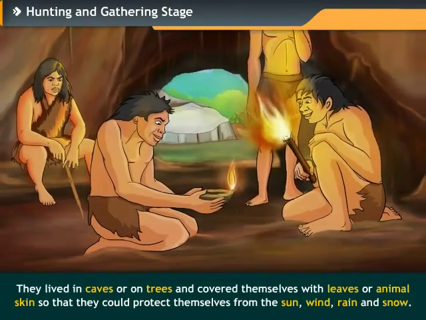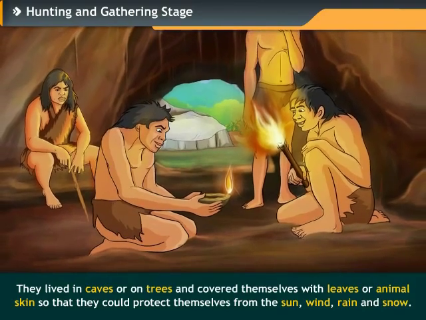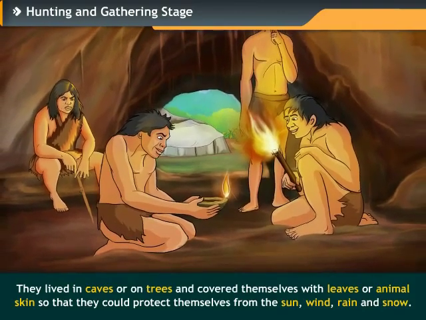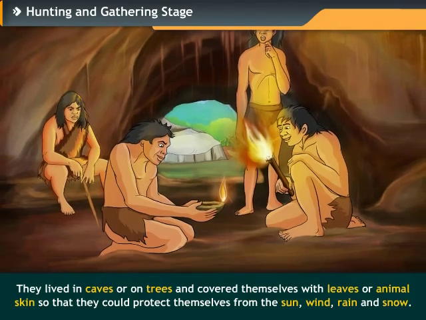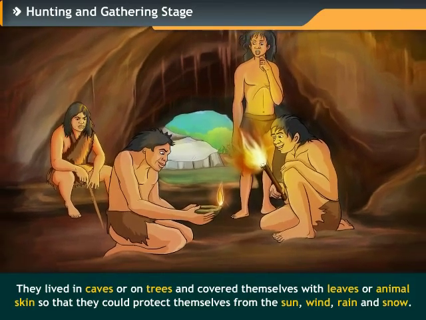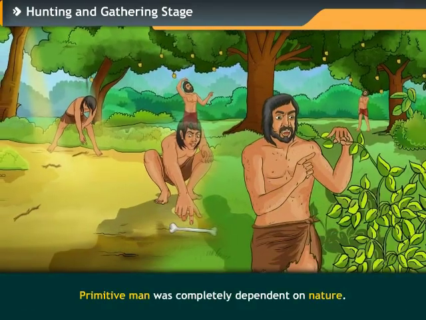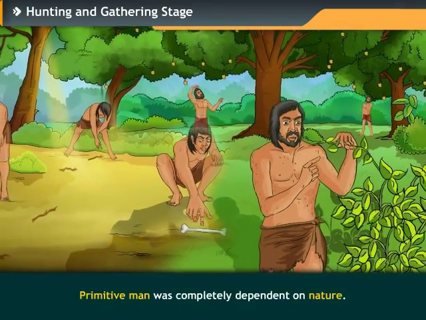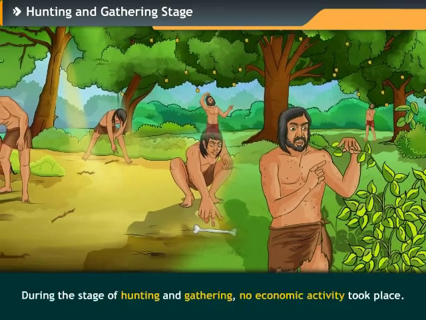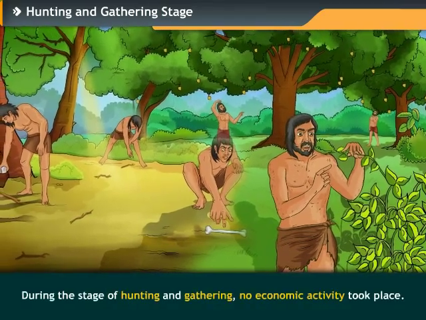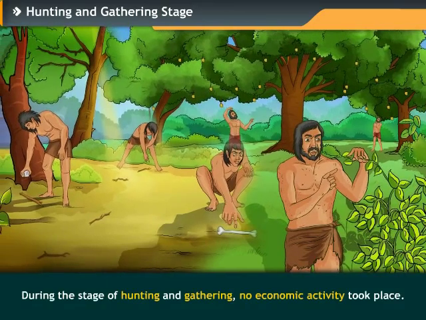They lived in caves or on trees and covered themselves with leaves or animal skin so that they could protect themselves from the sun, wind, rain, and snow. Primitive man was completely dependent on nature. During this stage of hunting and gathering, no economic activity took place.